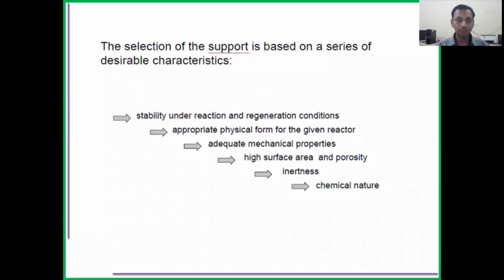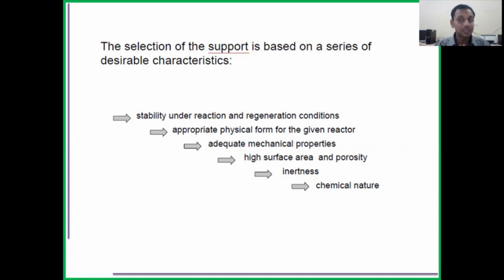The selection of the support is based on a series of desirable characteristics: stability in the reaction, appropriate physical form in the reactor, and adequate mechanical properties, because sometimes you have to work under pressure also. So your catalyst is under pressure, your reaction is going on under pressure.